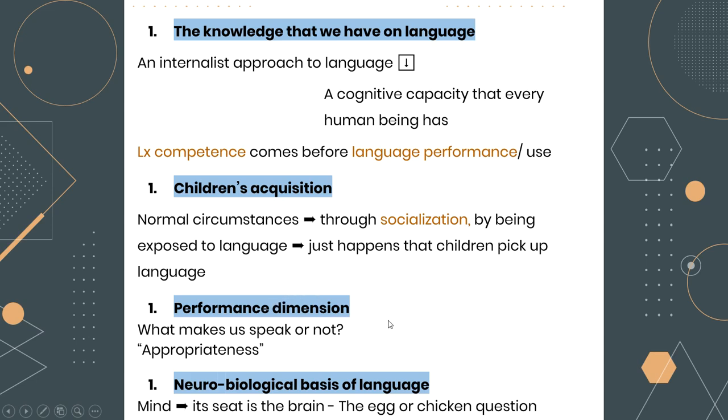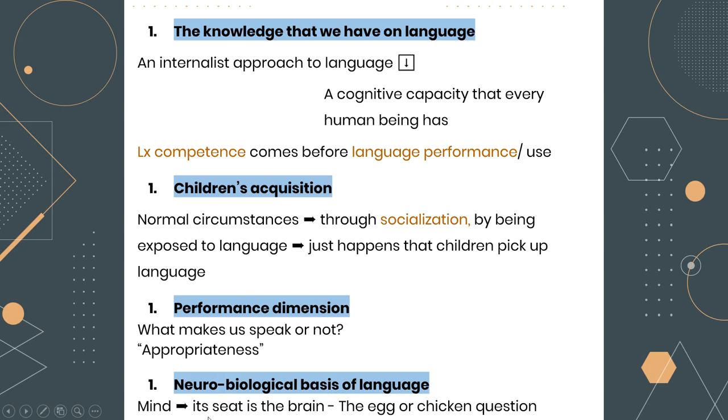The performance dimension gives way to us posing the question, what makes us speak or not? The question of appropriateness, us judging something to be appropriate or not. And then the fact that there is a neurobiological basis of language. That's why we have this mentalist, internalist approach to language.